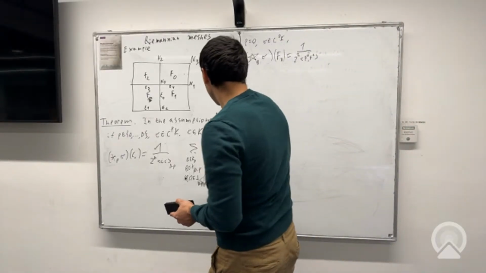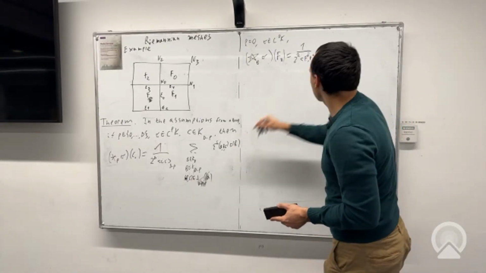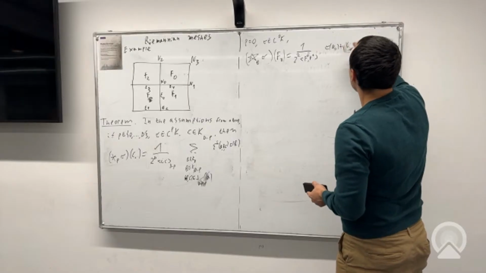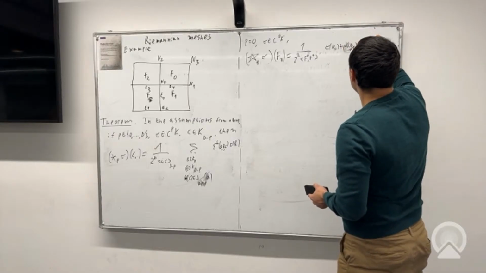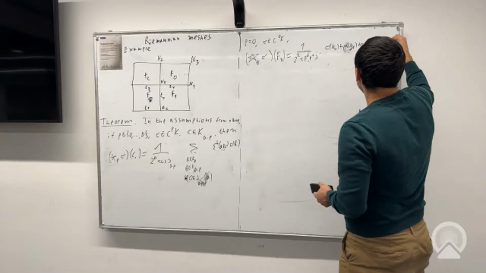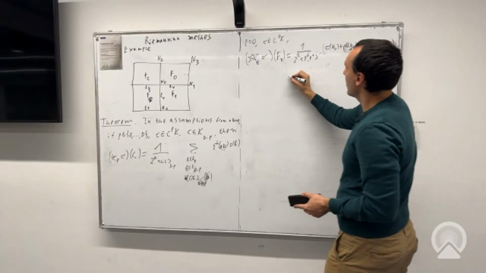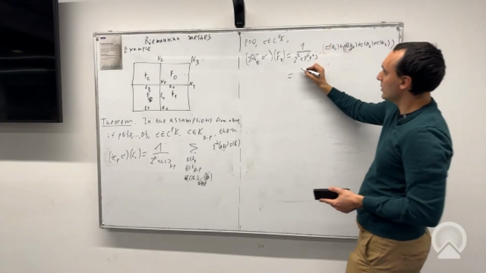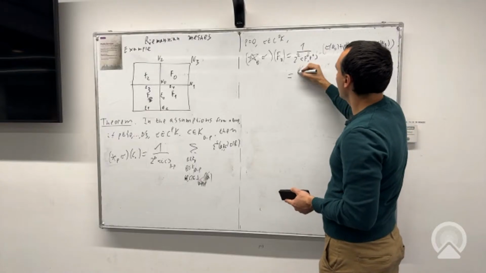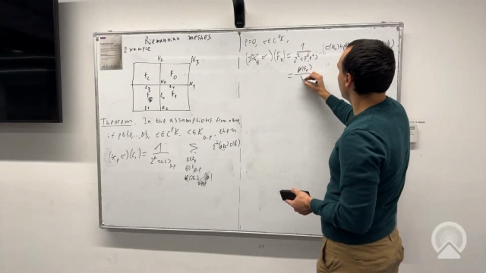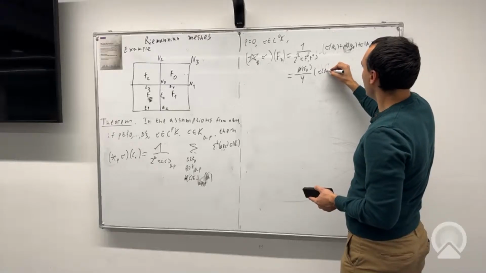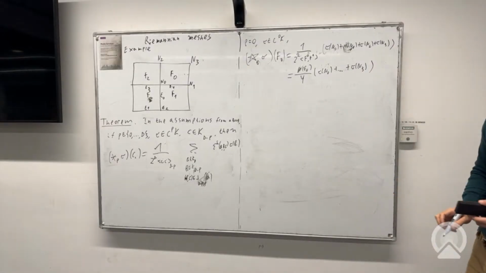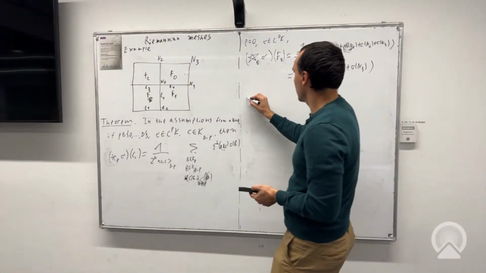And then I will need the perpendiculars with orientations. This will be only sigma n0 plus sigma n1 plus sigma n2 plus sigma n3. So this will be the measure of f0 divided by 4, and then sigma n0 to sigma n3. This is how you compute it for 0.